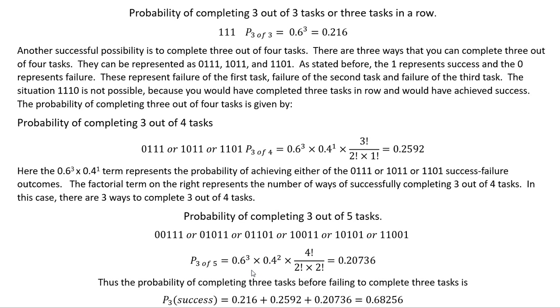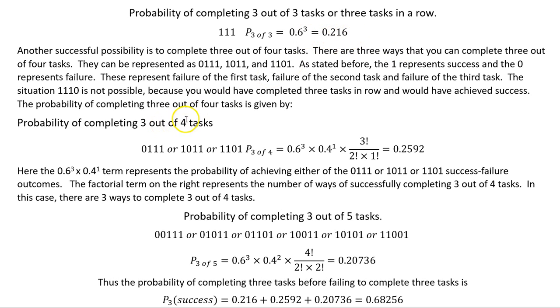Okay, let's go on. The probability of completing 3 tasks. Your goal is 3 tasks before you fail to complete 3 tasks. Well, you could do 3 in a row, 0.6 cubed, which is 0.216.